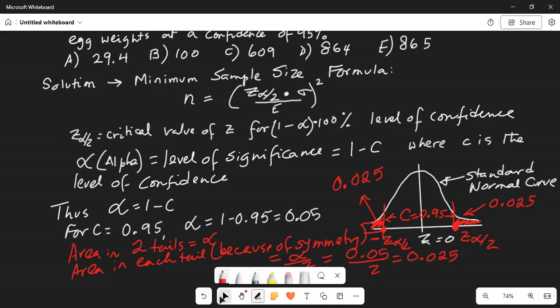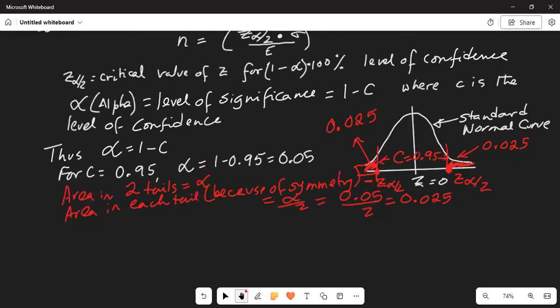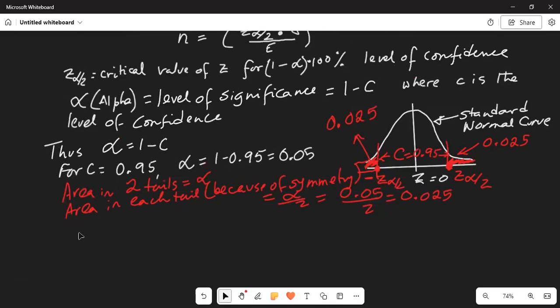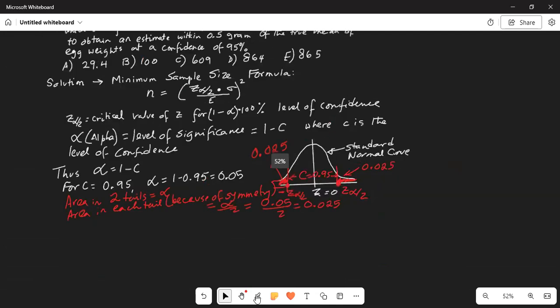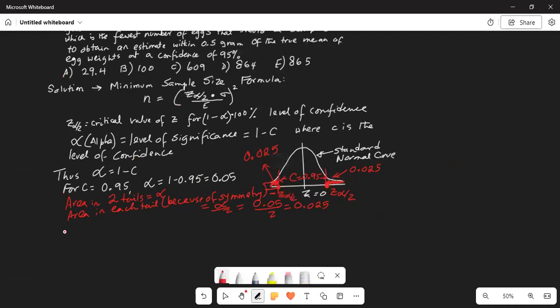Okay, so if I create some space, Z alpha by 2 is critical value of Z. Okay, plus minus Z alpha by 2, because it's minus on the left of 0 and positive on the right of 0.